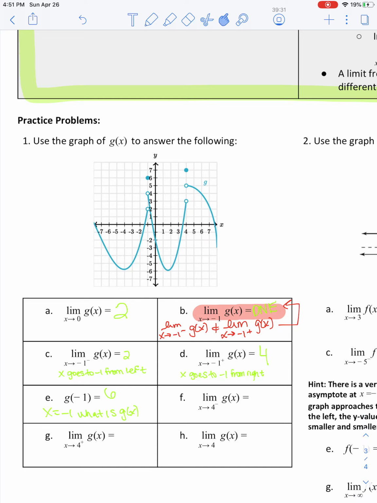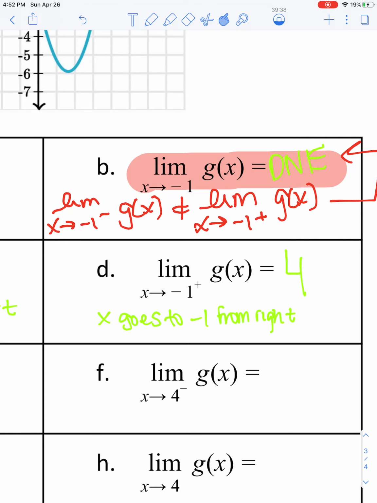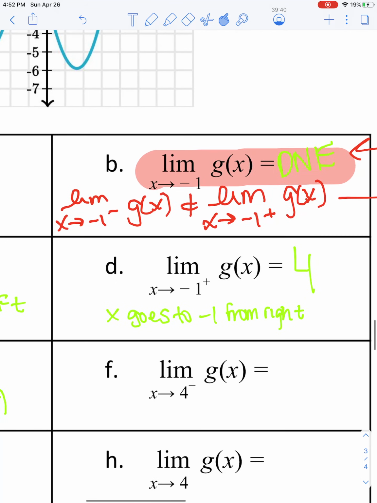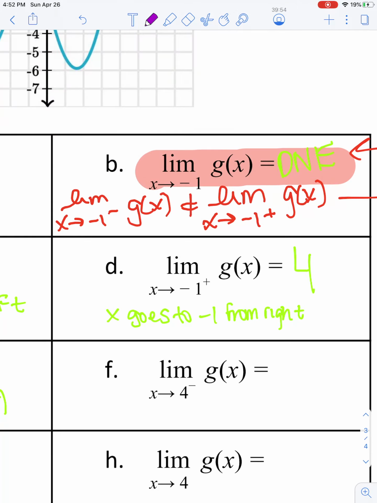Moving on to F, we are trying to determine the behavior of our function, where is our function going as x approaches 4 from the left. Again, I think it's worth noting, while we're getting comfortable with this, that we're looking at x goes to 4 from the left.